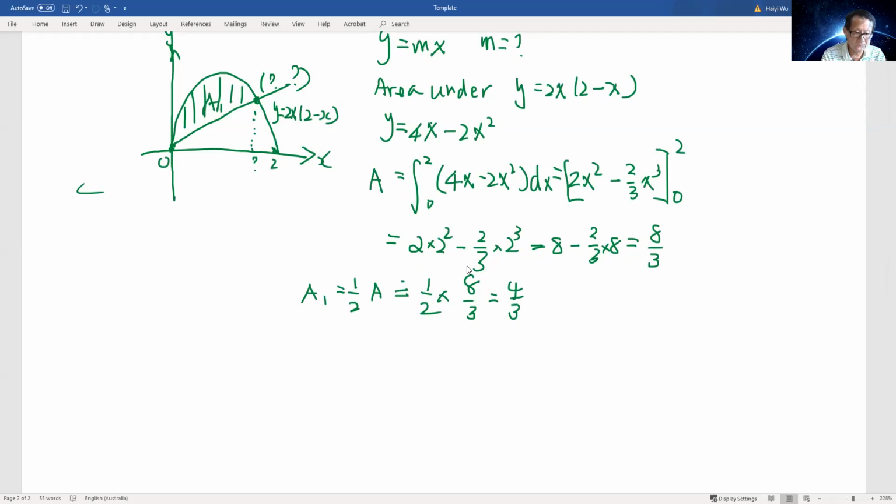So we establish the two equations into a simultaneous equation: y equals mx, the linear equation, and the parabola. We call them equation 1 and equation 2, and solve them simultaneously by the substitution method.